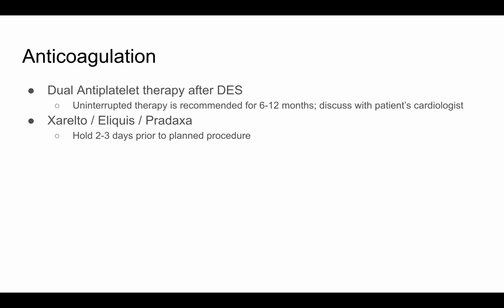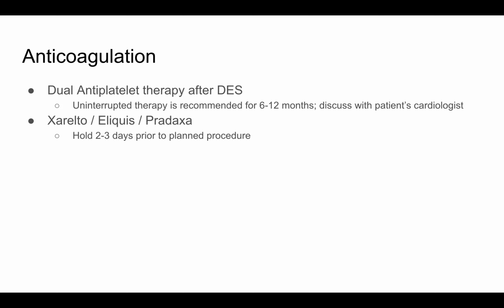There is some newer literature coming out that maybe at 6 months they're okay. However, I would not stop anyone's dual antiplatelet therapy, likely without talking to their cardiologist or whoever the cardiologist is on call, covering for their physician, because like I said, the literature is kind of newer, and some are moving towards the 6 months, some are more still at the 12 months. So that's one to be aware of.